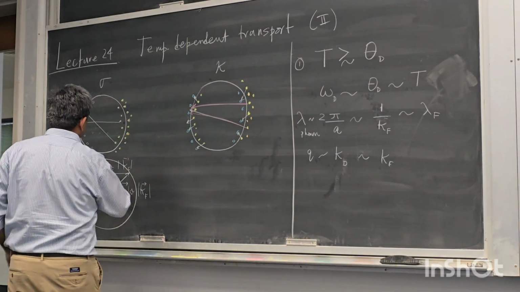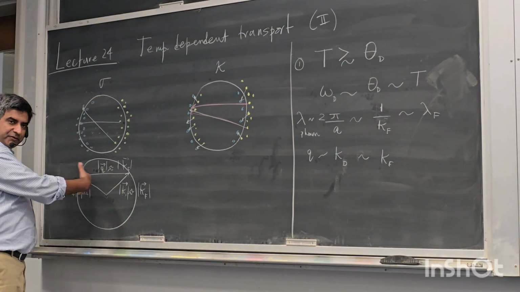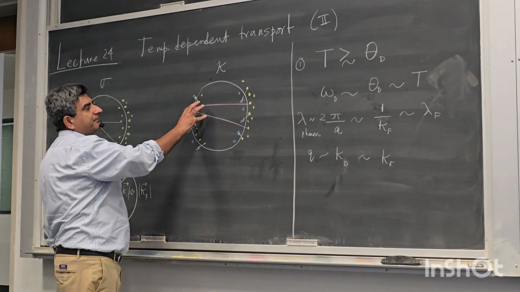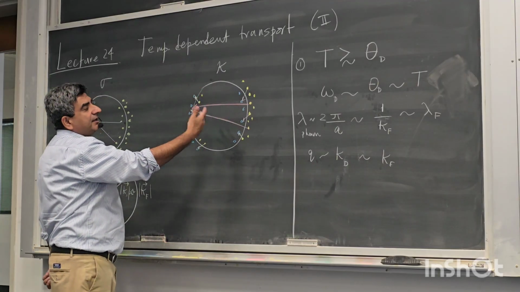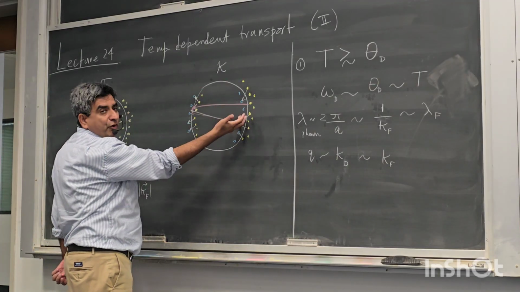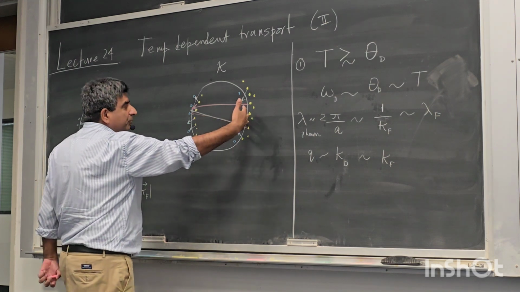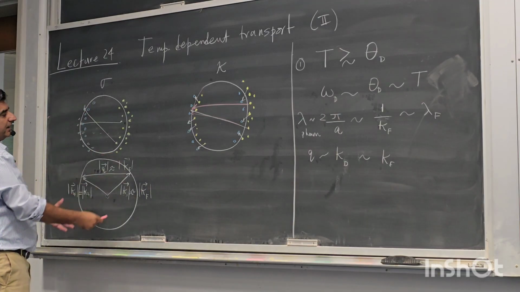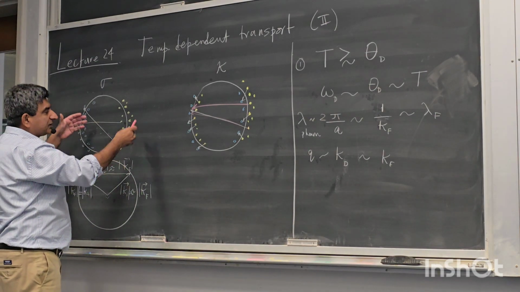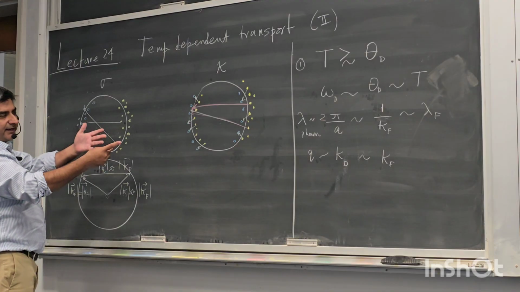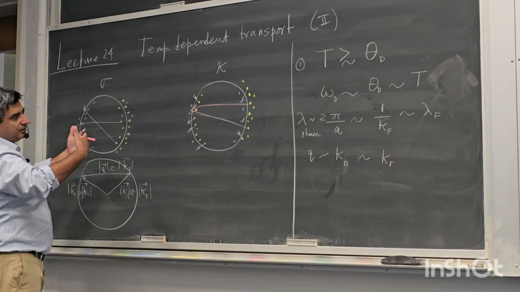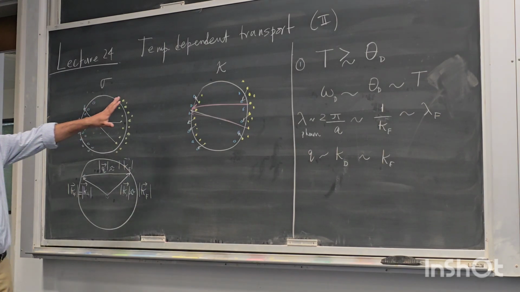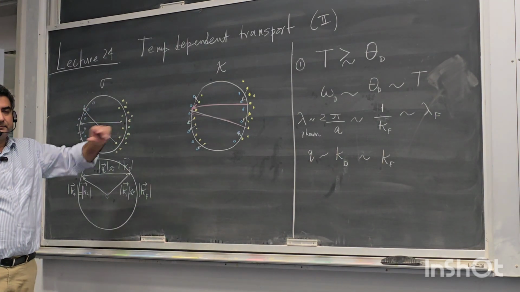So this process is highly efficient. It does take place with equal facility as the process for which thermal conductivity takes place. Thermal conductivity, by the way, takes place both through horizontal and vertical processes. So this process from going from right to left of the Fermi sphere is equally facilitated or sped up at high temperatures. Both of them are equally facilitated. Therefore, the scattering times for thermal and electrical conductivity are the same at high temperature.